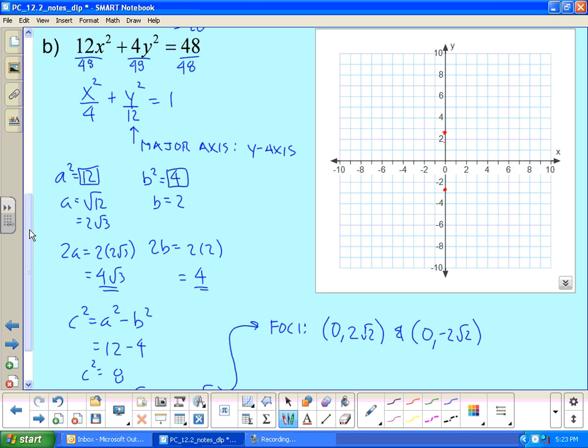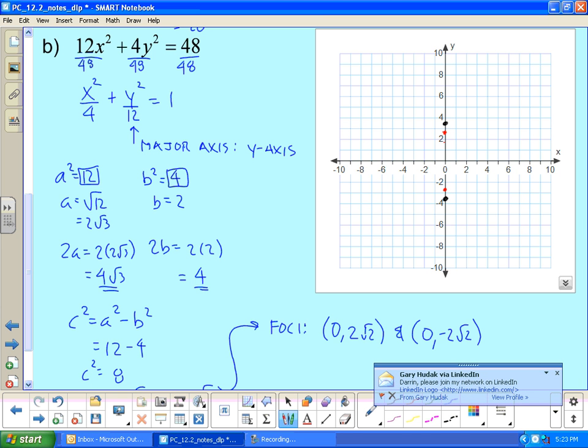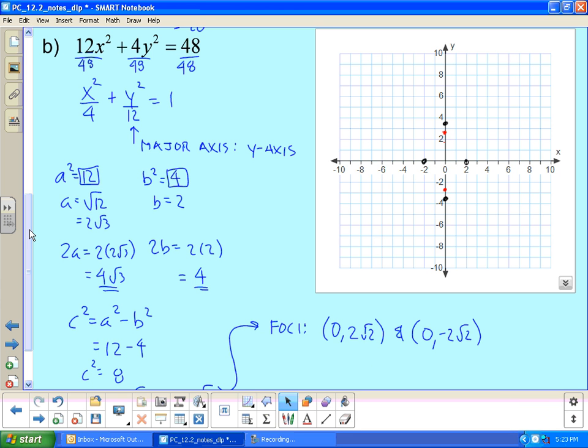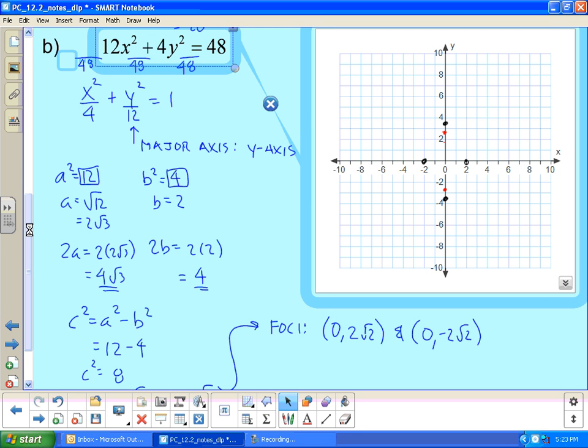So we'll go roughly 3.5. There's that first point. We'll go down 3.5. My minor axis is 2 and negative 2. So this should be our curve here, or our ellipse. There it is.